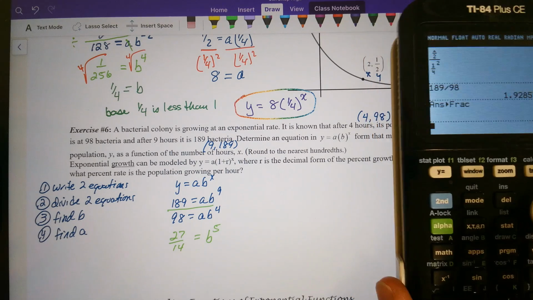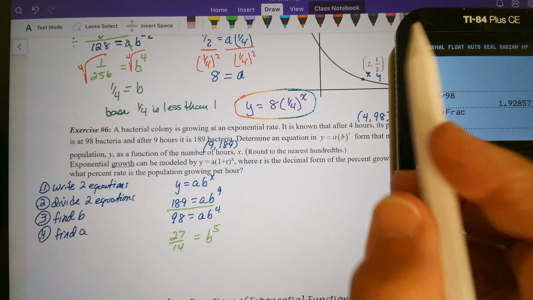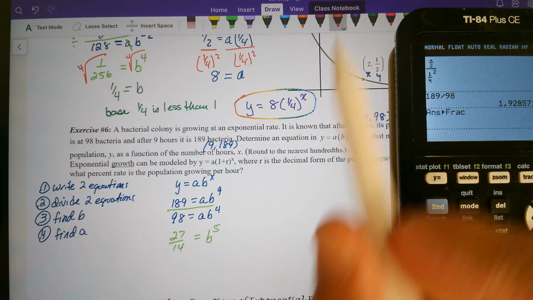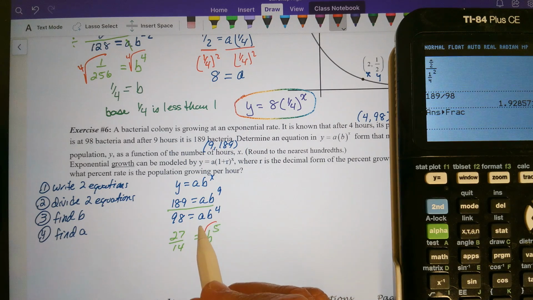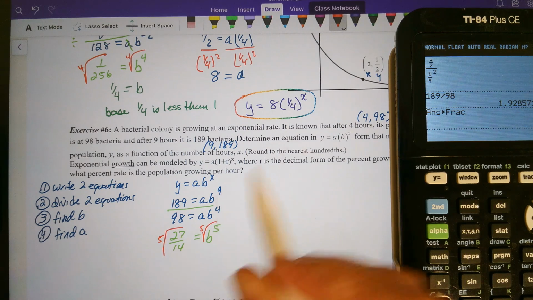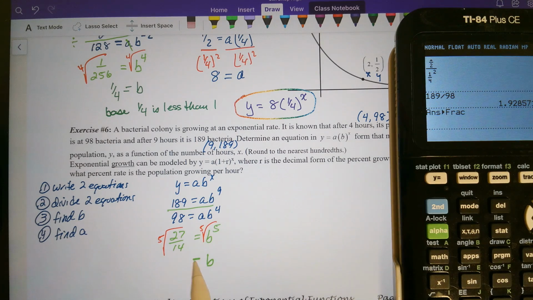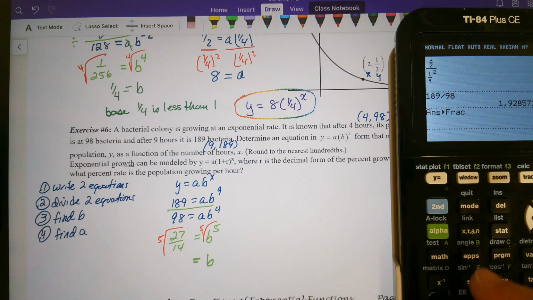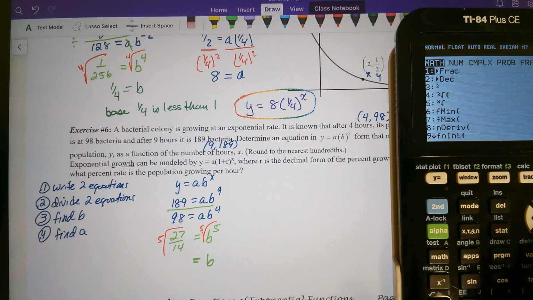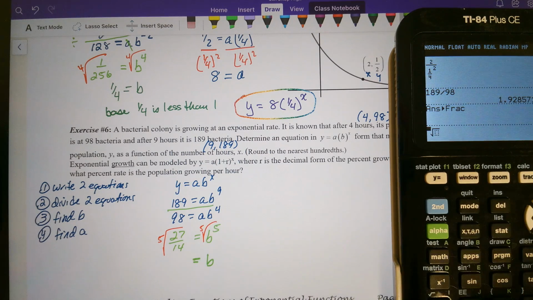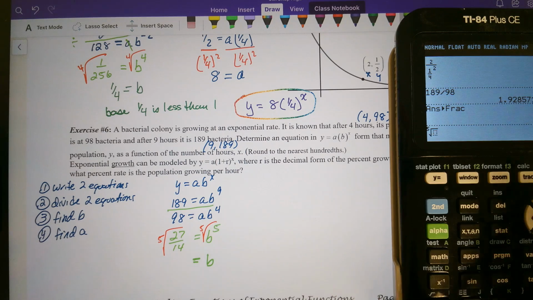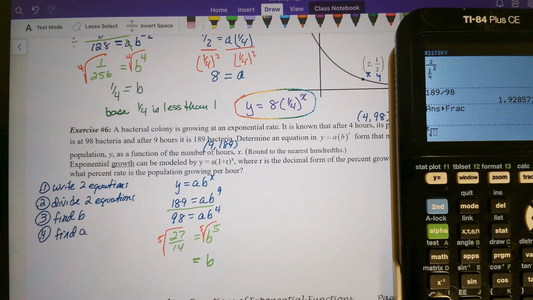So now I'll take the 5th root. And B will equal, okay, so math, number 5, and this is the 5th root of, and I'll just go up and grab that.